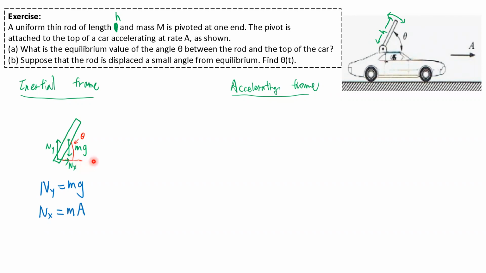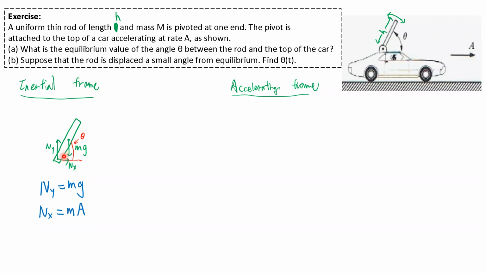If this is a real static problem, I'm not sure if you have learned this before. If you are considering the equilibrium, so there's no angular acceleration at all, then you should be able to get 0 no matter what reference point you pick when you calculate the torque.